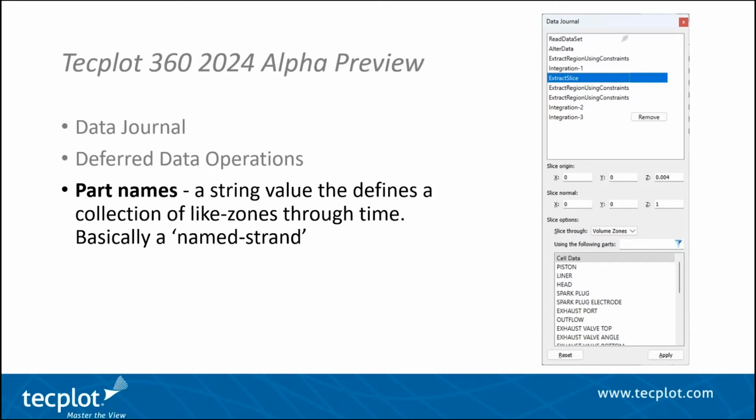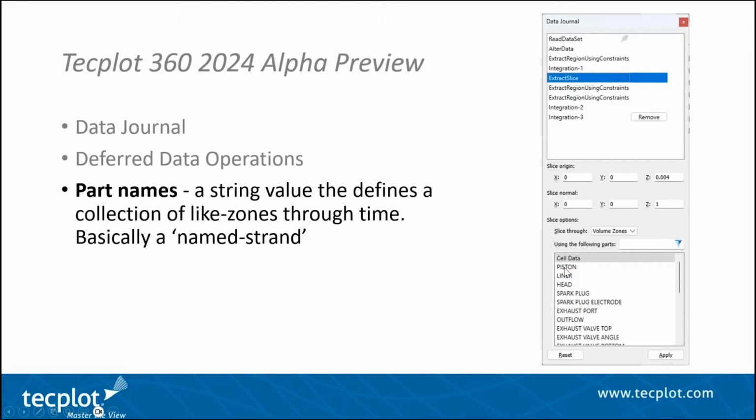And then finally, part names. So for those of you who are familiar with Tecplot 360 and have transient data, you've heard the term strand. So a strand and a part are effectively the same thing. So a part is a string value that defines a collection of like zones through time. So in this data set, we have volume data that goes through all the time steps in this data set, and the part name there is called cell data.